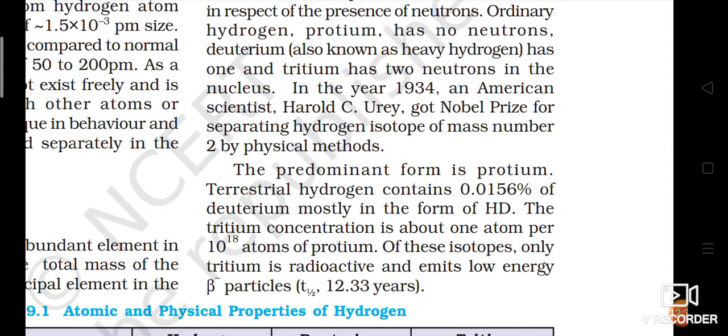And of these isotopes, only tritium is radioactive. This is also important: protium and deuterium are not radioactive, only tritium is radioactive, and it emits low energy beta particles, with a half-life of 12.33 years.